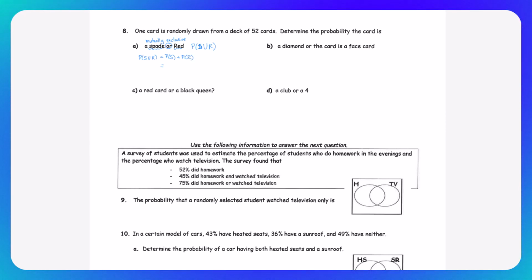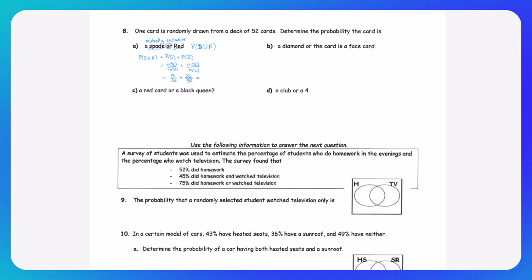Well, the probability of being a spade is the number of spades divided by the number in the universal, plus the number here for red is the number of reds over the number in the universal. Well, how many spades are there? There's 13 spades and there's 52 cards in a deck. How many reds? Well, there's 2 suits that are red with 13 cards each, so that's 26 over 52.